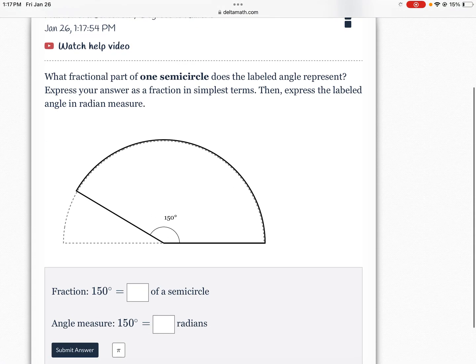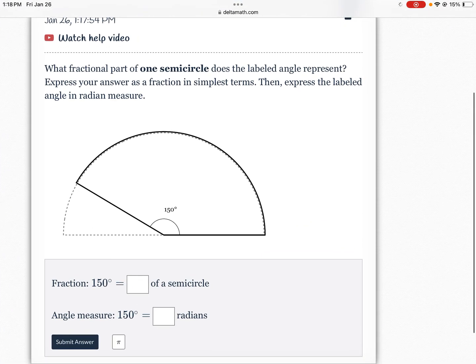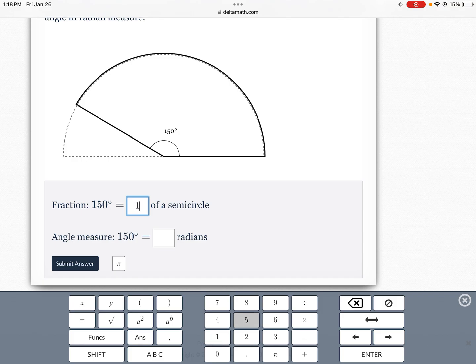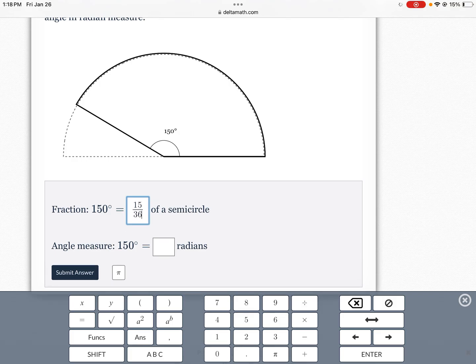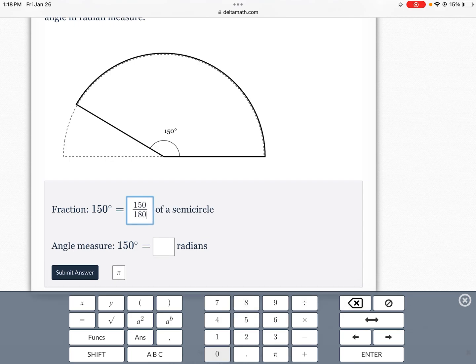All right, so if we look at this, what fraction part of one semicircle does it represent? Well, 150. I know that's 150 out of 180, right? And they're going to want it in simplest form.